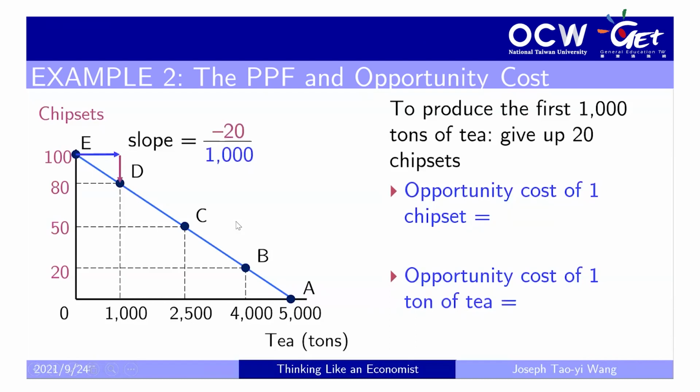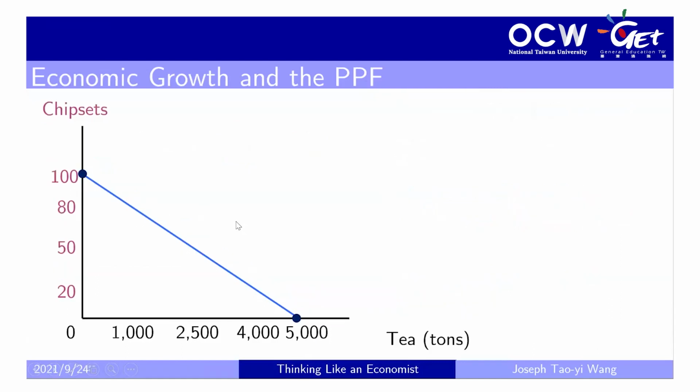The chipset production drops from 100 to 80, so it's minus 20. So here the slope is minus 0.02. So the opportunity cost for 1 ton of tea is 0.02 chipset. Or the flip side is the opportunity cost of 1 chipset is 50 tons of tea.